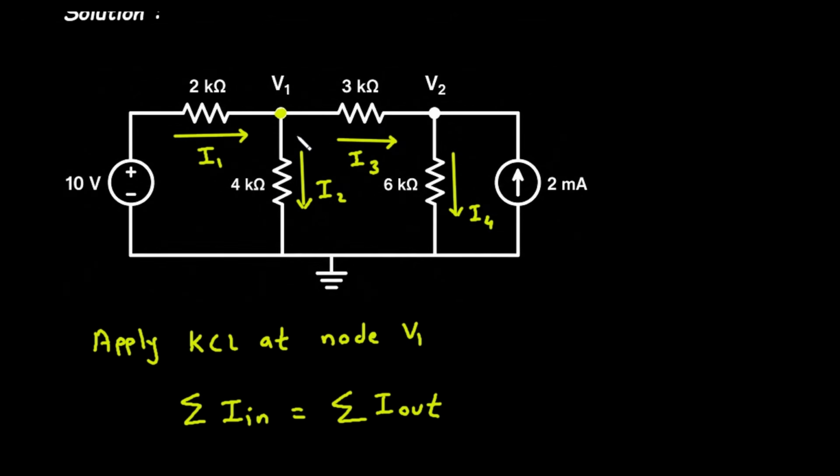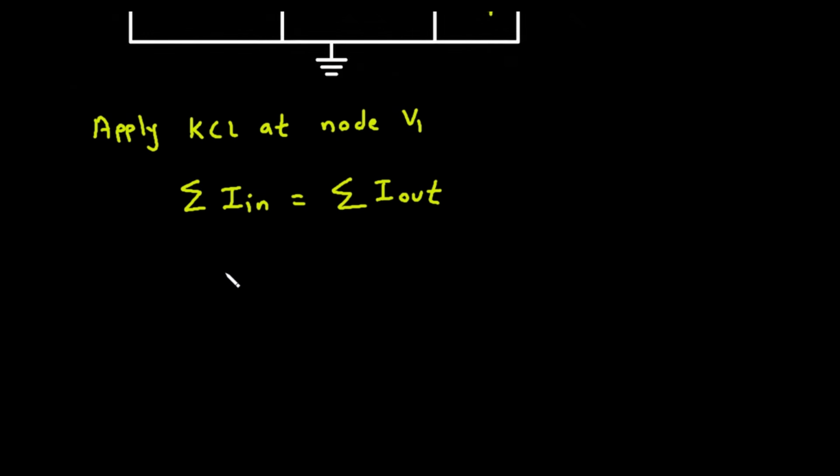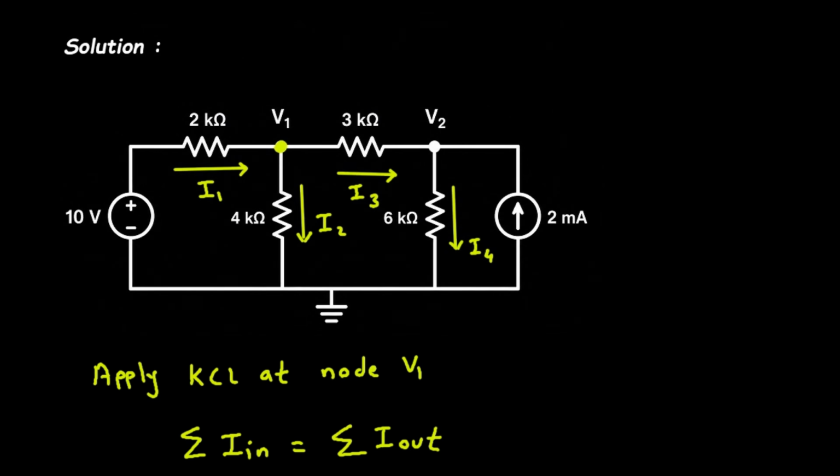Now here we can see at this node the entering current is I1. So let's write I1 here is equal to leaving currents. Now here at this node leaving currents are I2 and I3 is also leaving current. So we can write I2 plus I3.